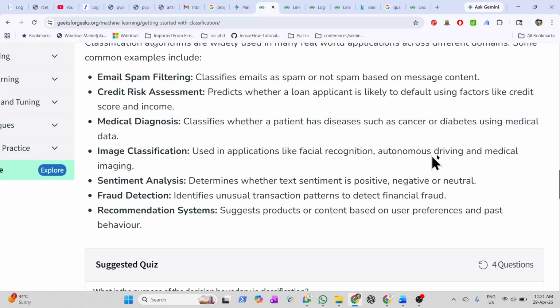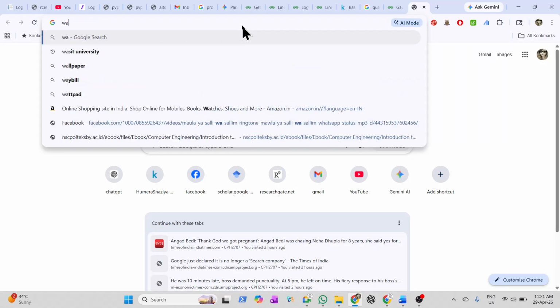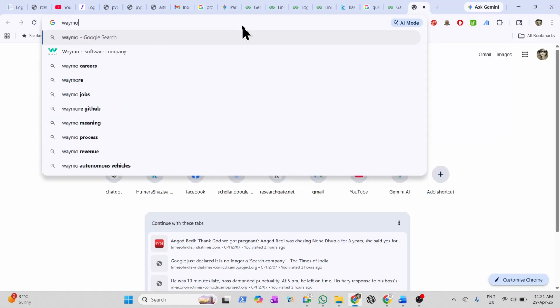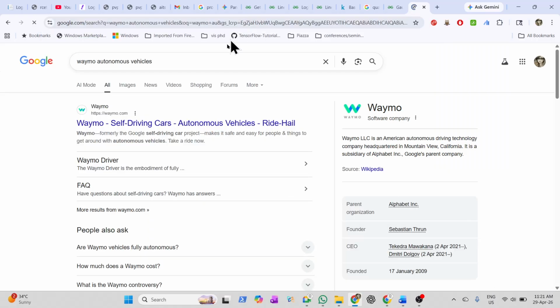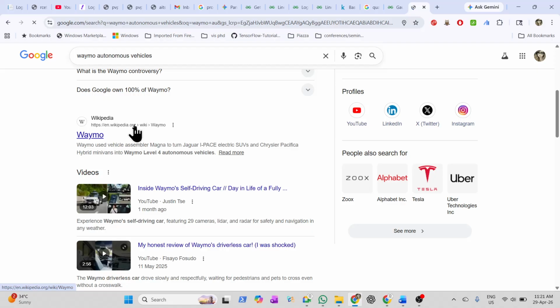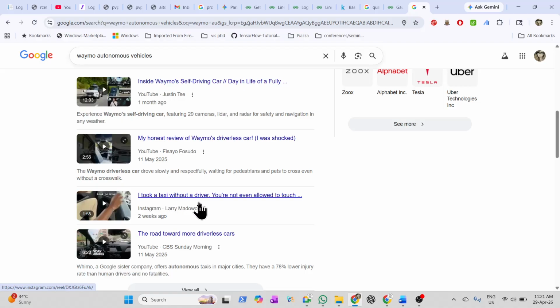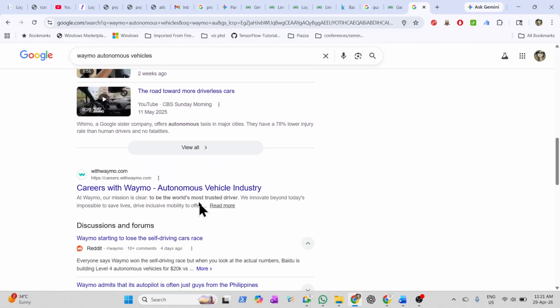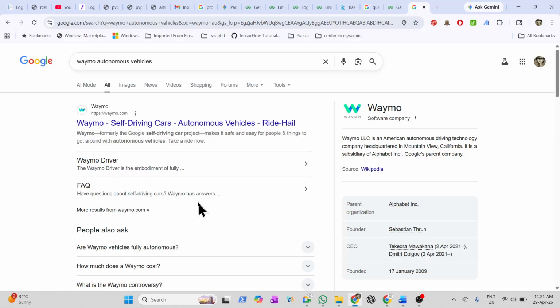Autonomous driving, you know about it. We have already seen that in USA. Waymo autonomous vehicles are currently running on the roads of US, and even Tesla also.